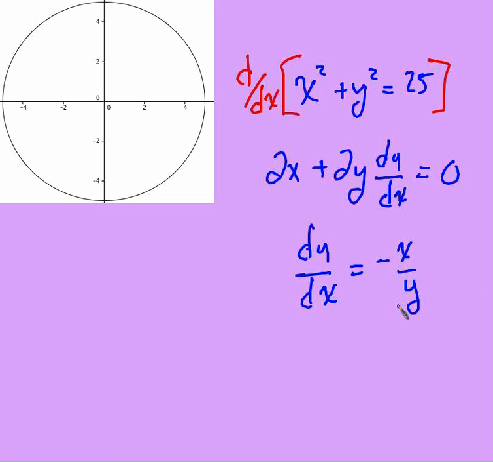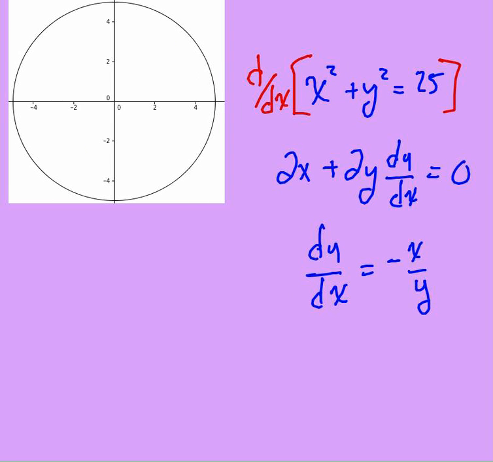And this derivative gives us a pattern for the slopes at any given point on the circle. So if I want to find the derivative at the point right here, where the x-coordinate and the y-coordinate are equal, the slope is going to be close to 1, and it's going to be negative.